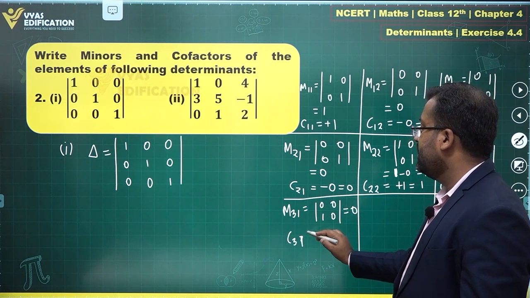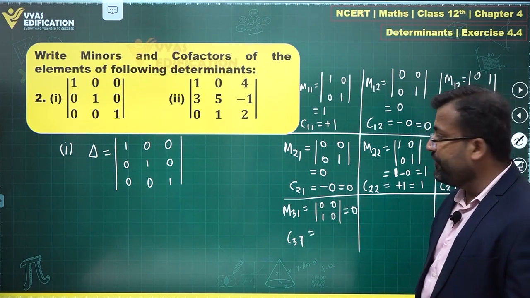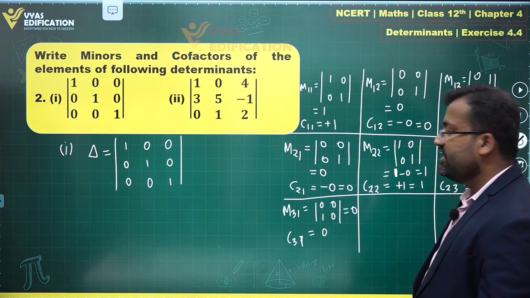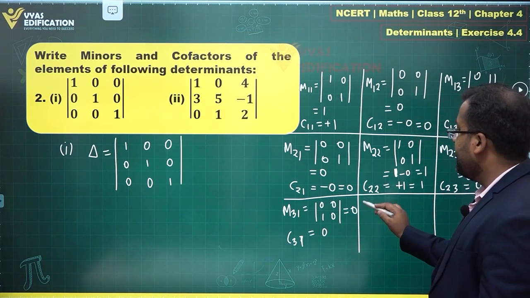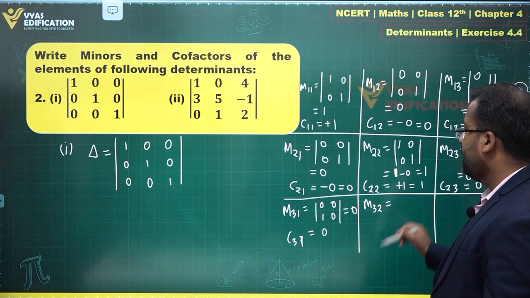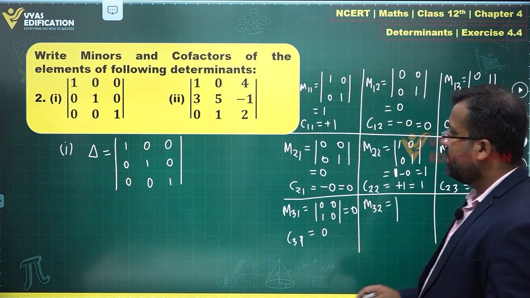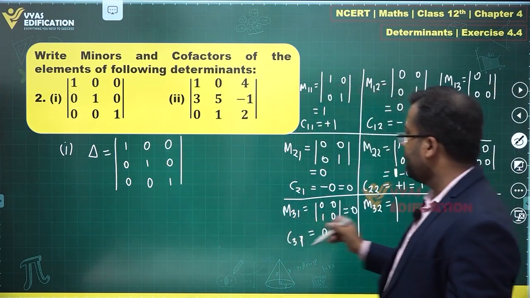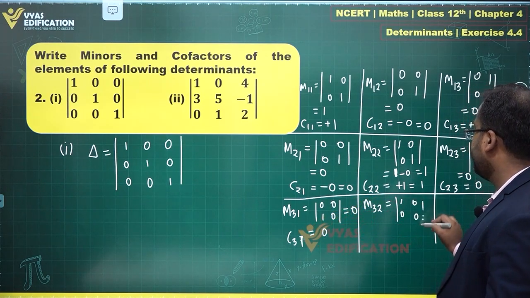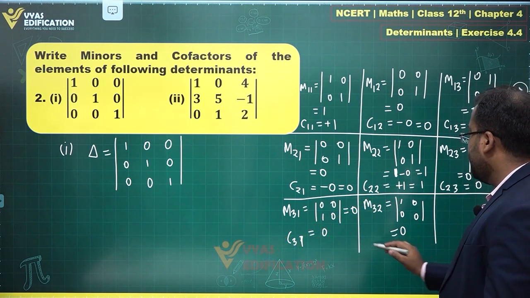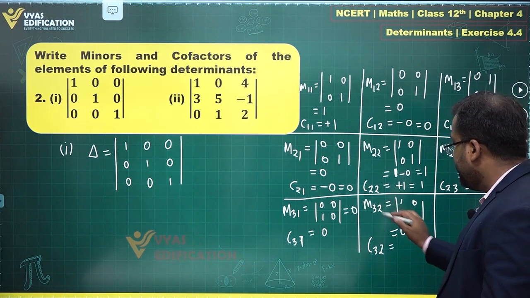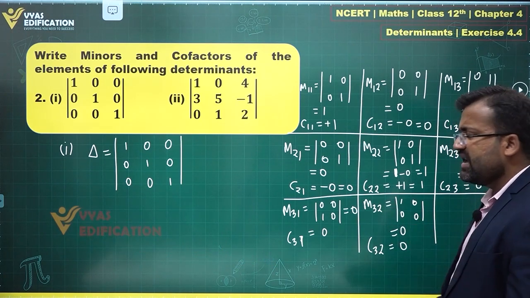C31 cofactor will be minus 1 power 4, which is plus, and you have a 0, right? M32, what you'll have is third row, second column deleted, 1 0 0 0. This is simply 0, and C32 will be minus of this, which will be minus 0, same as 0.